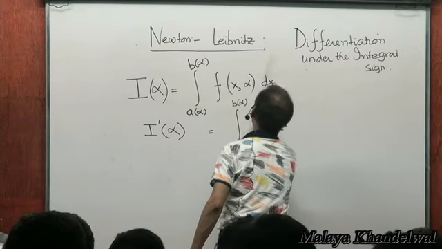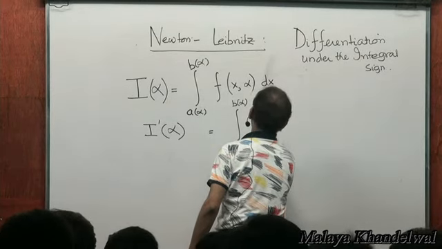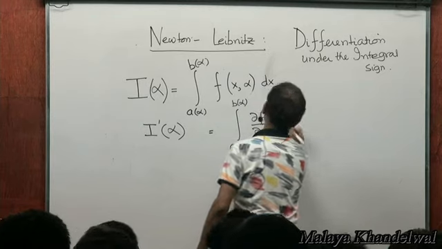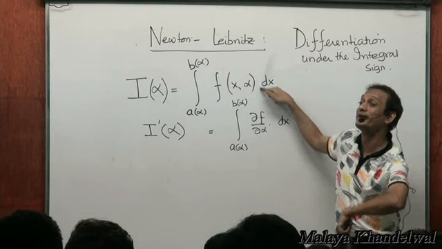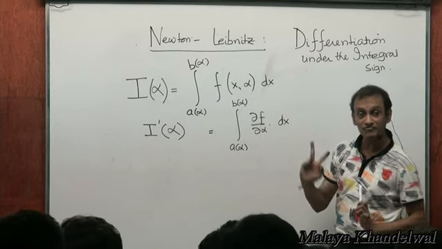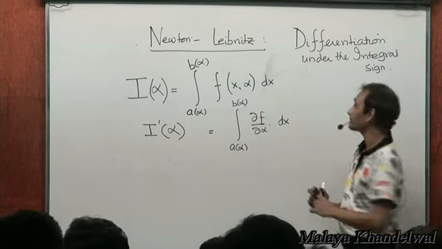That means it's like dou f dou alpha dx. That's the first term. Differentiating f with respect to alpha, keeping x constant. That's the first term. Right?